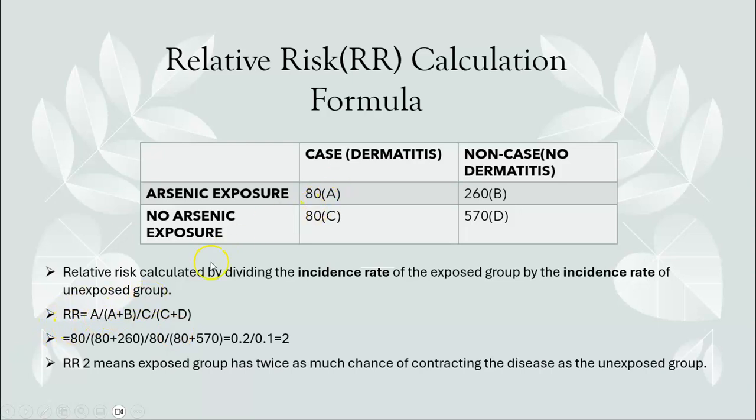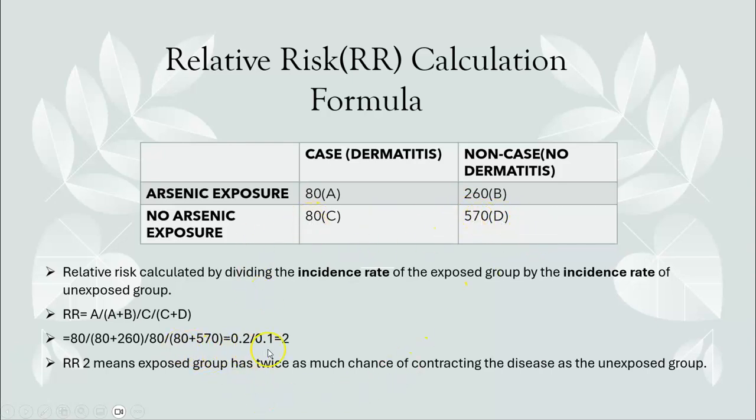For example, the incidence rate among the arsenic exposure group is 80 cases out of 80 plus 260, divided by the cases among the non-exposed group, which is again 80, but the total number of people in the non-exposed group is much higher, above 600.